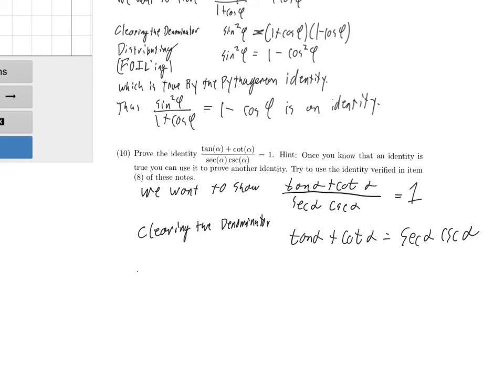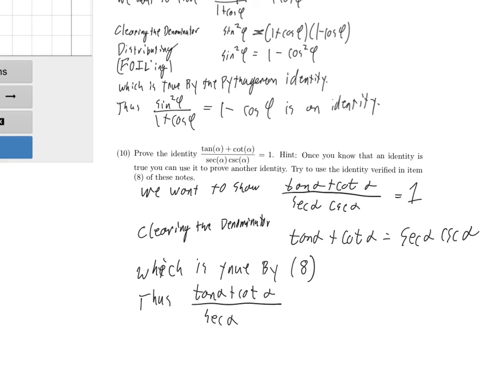Oh, but that's exactly what item 8 says, which is true by 8. So we don't even have to proceed any further. We've reduced the equality that we wanted to show to an equality that we already know is true, so we know that that equality must be true. Thus, tangent alpha plus cotangent alpha divided by secant alpha cosecant alpha equals 1 is an identity.